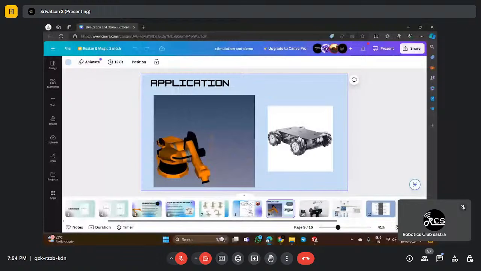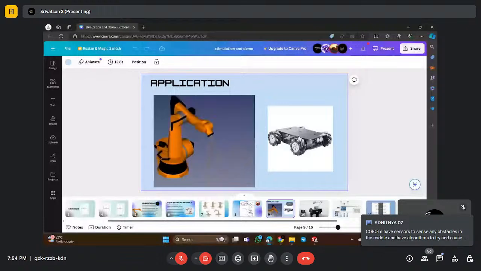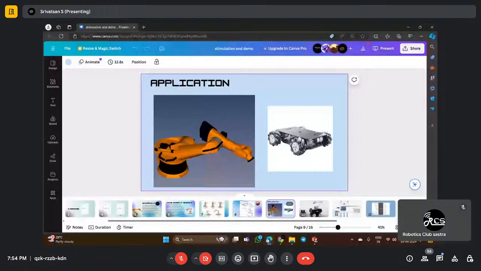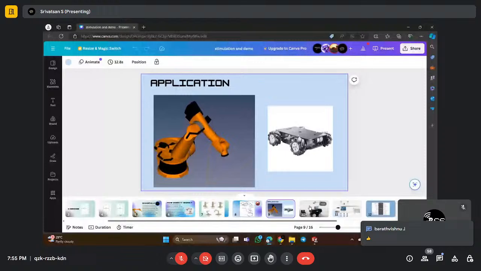If we need to paint certain parts, we cannot go inside and paint the entire part, so for such complexities we can use manipulators. Manipulators are also mainly used in the cargo industry, to pick up an object at place A, travel along a path, and place the object at place B. It is one of the most used in the cargo industry.